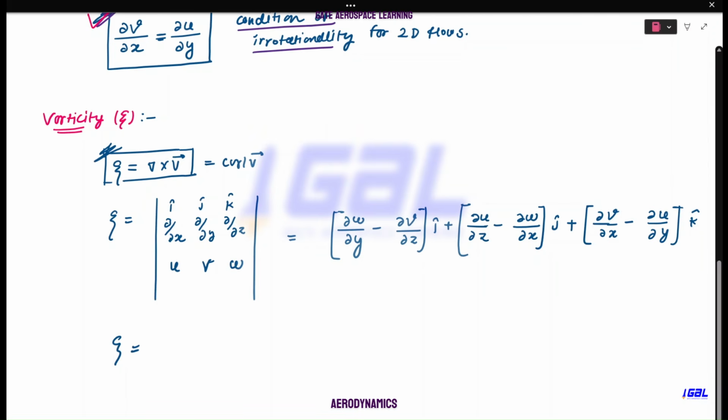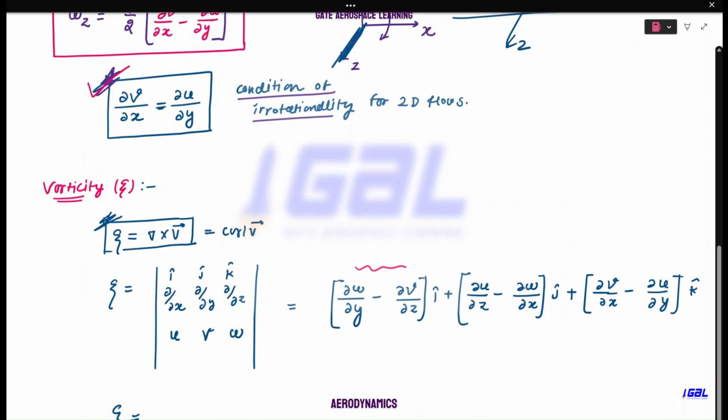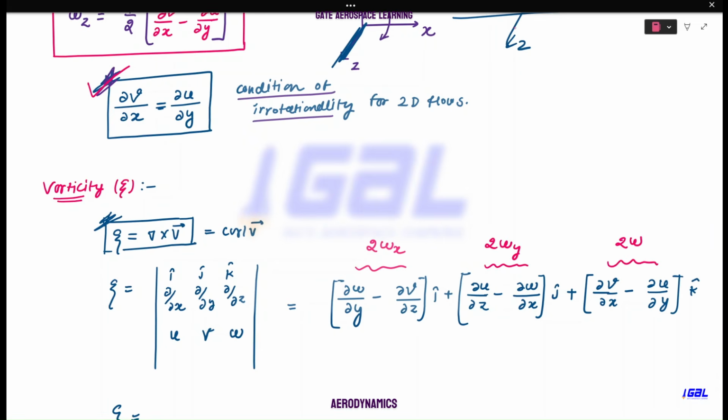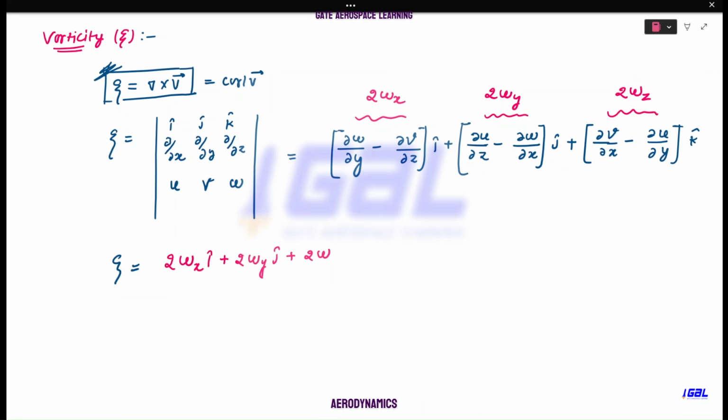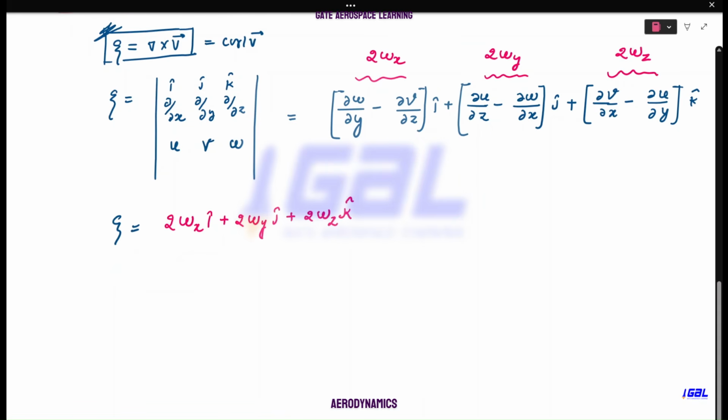I'll make a positive sign. I can do this, right? I hope you understand. So now if you see, these are twice omega x, this is twice omega y, this is twice omega z, right? So I can write 2 omega x i plus 2 omega y j plus 2 omega z k, right? Now I'll take 2 common.